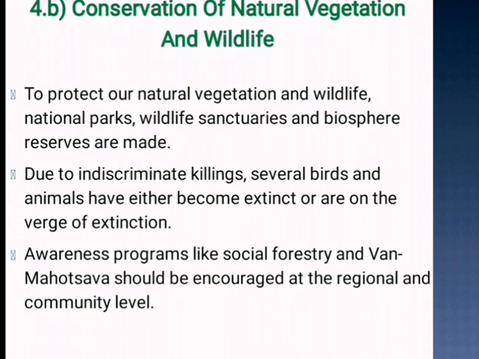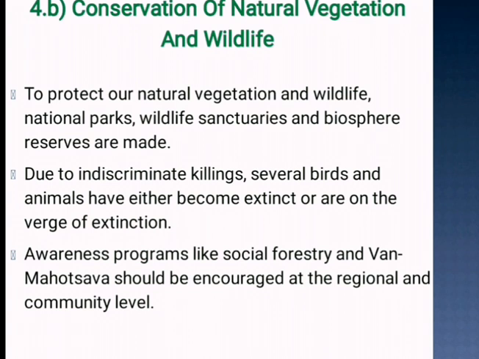For example, the panda is on the verge of extinction, or the cheetah. At the same time, the dinosaurs are extinct. So we need to preserve all the wildlife, the flora and fauna.